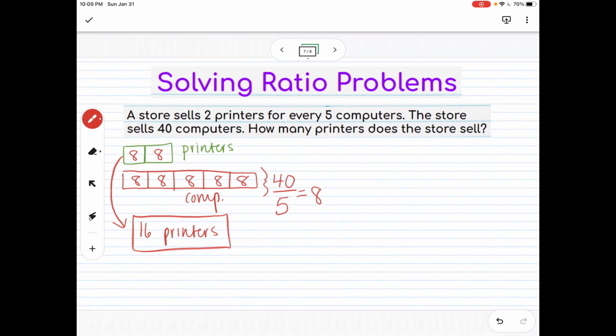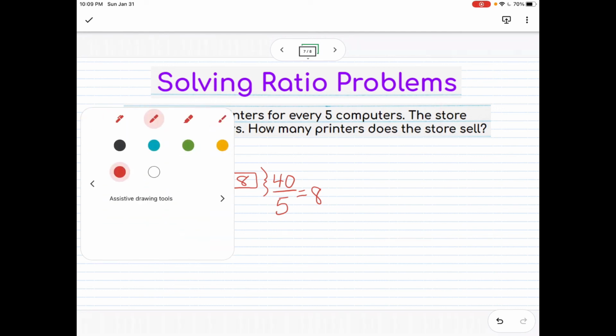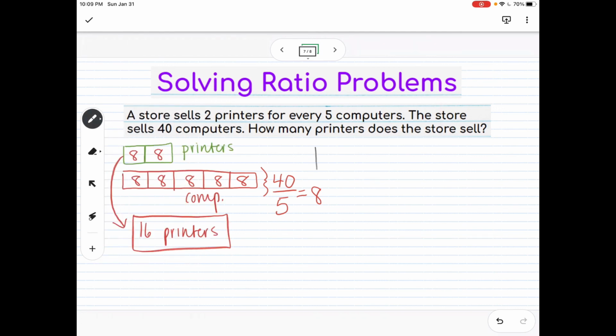All right, now let's go ahead and use, I'm going to draw a table. So I'm going to represent this pretty easily just by saying, let's see, P for printers and C for computers. And we know that the ratio is for printers 2 and for computers 5.